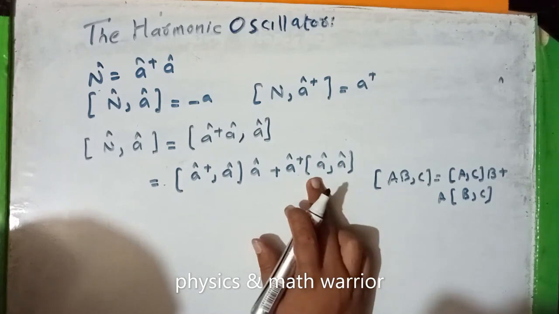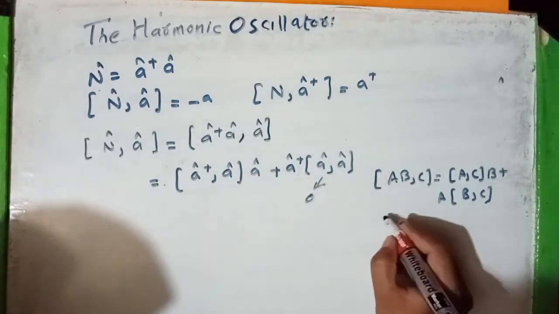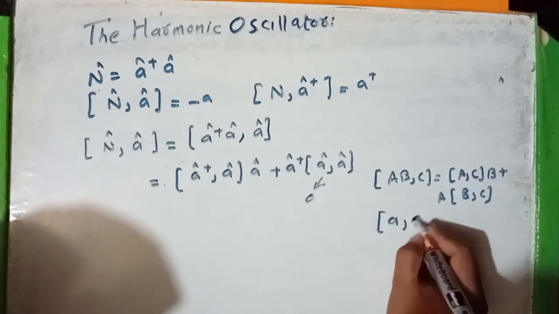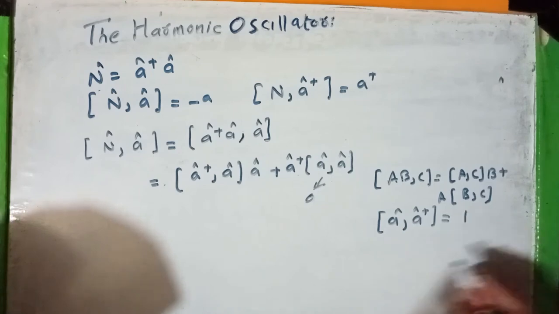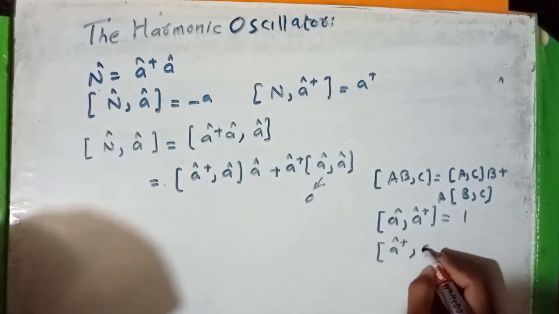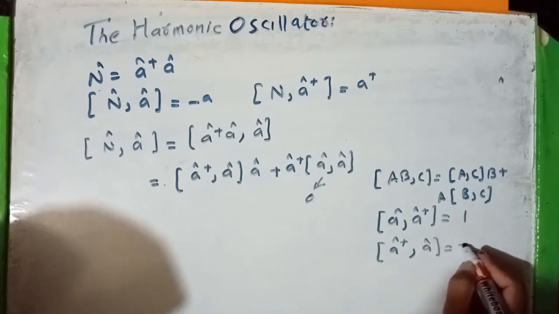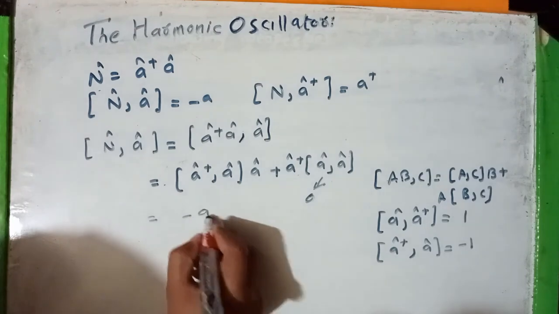Commutator of a with a is equal to 0, commutator of a and a dagger is equal to 1, and commutator of a dagger and a is equal to minus 1. So this is equal to minus a.